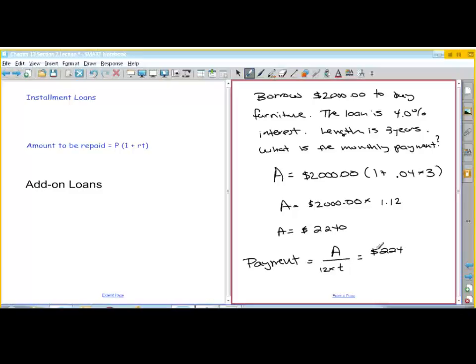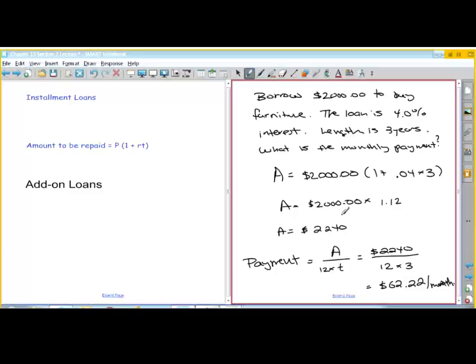So for our case, we owe $2,240 and we have 36 months because it's a three-year loan. We take $2,240 divided by 36, and our payment would be $62.22 per month. If you multiply that by 36, you pay the total amount.